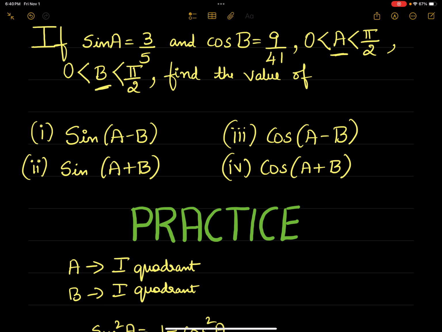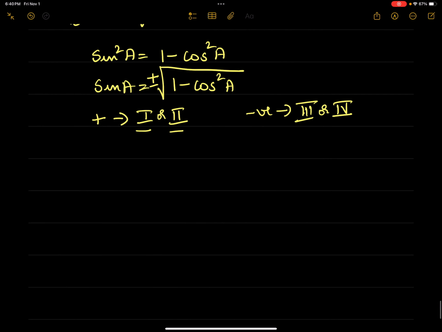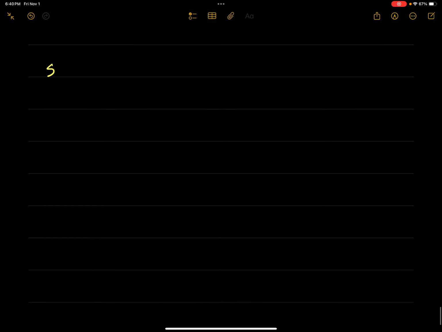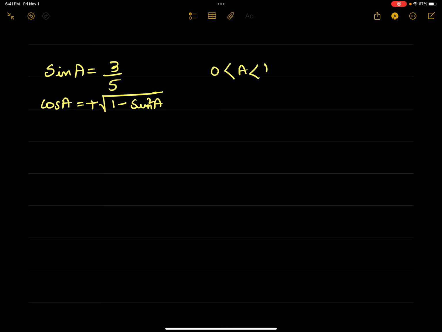So here we have been given the value of sine A, which is equal to 3 by 5. Now when sine A is given, let us find cos A. Now cos A is the plus square root of 1 minus sine square A, because the information given is that A is greater than 0 but less than pi by 2.